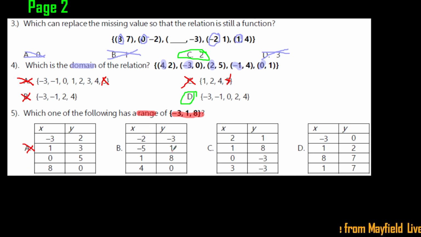We have -3, 1, 8, but however it has a 0, so we know it cannot be this one. We have 1, 8, -3, and -3, so this one should be good. Again, even though it has repeated y values, that is okay. It would still be a function.